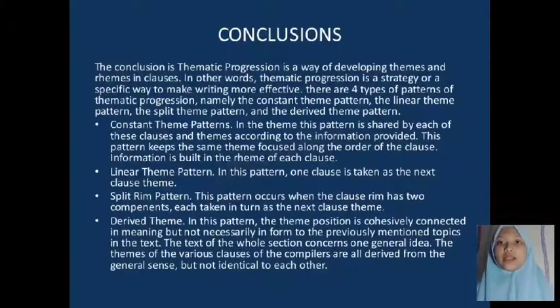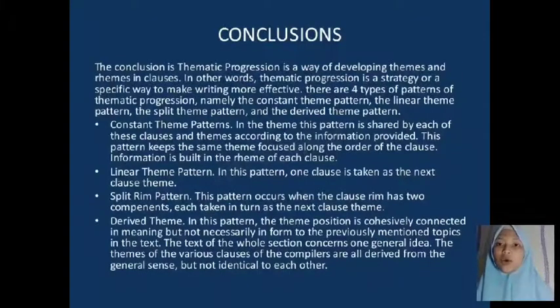The first one is the constant theme pattern. In this pattern, the theme is shared by each of the clauses according to the information provided. This pattern keeps the same theme focused along the order of the clauses. Information is built in the rheme of each clause.